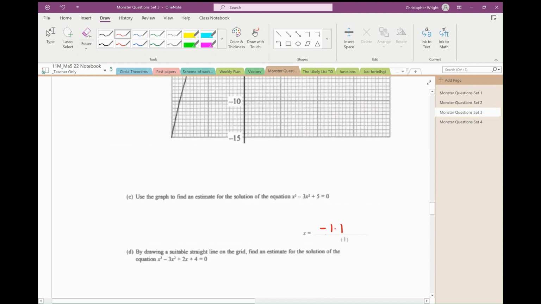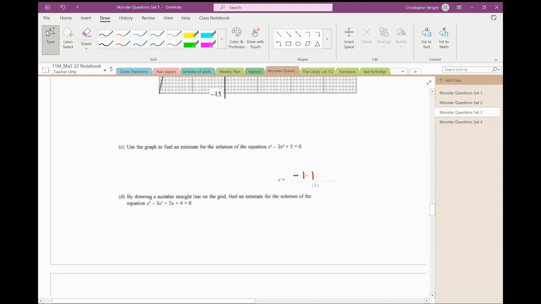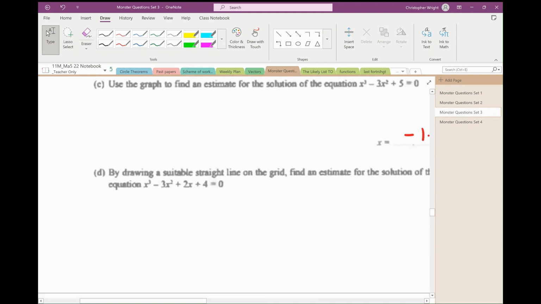By drawing a suitable straight line on the grid, find an estimate for the solution of this equation. Now, the graph I've got on the grid already is this one. So I need to rearrange the equation I'm given so that I've got on the left-hand side the line I've already got and see what expression I get on the right-hand side.